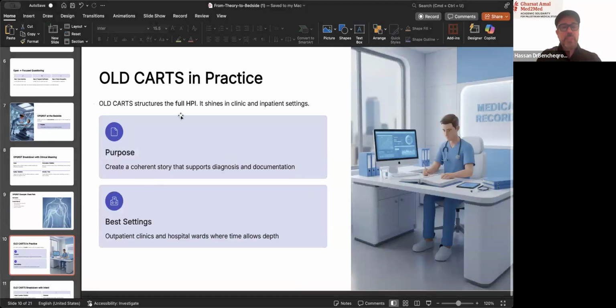In practice, there's another one. It's called OLD CARTS. So we saw OPQRST, but this one is OLD CARTS. Those are just to help our memory remember when we are starting.